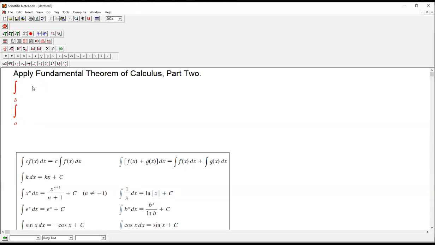And of course, it's going to be on f of x dx. This meaning is to give the antiderivative of the function f of x.